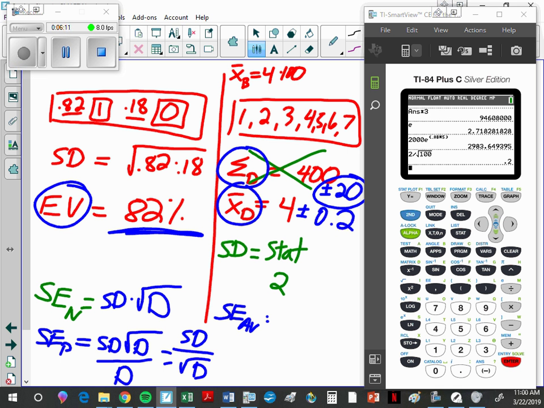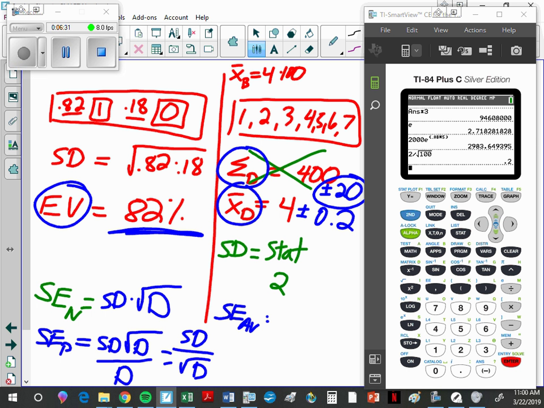So if you roll a 7-sided dice, which as far as I know does not exist, I guess you could probably make one. If you rolled a 7-sided dice 100 times, the average of your rolls is going to be 4 plus or minus 0.2.